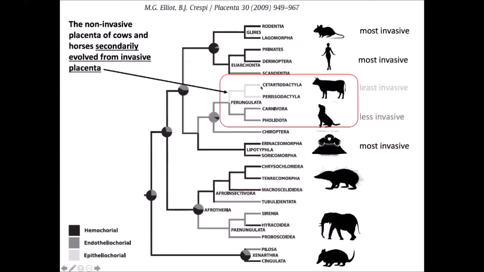It turns out that the non-invasive placentation among placental mammals is actually a thing that evolved much later, secondarily. First we evolved an invasive placentation and then a non-invasive placentation. So the invasive placentation that we see in humans is actually relatively primitive compared to what we see in cows and horses and so on, because they have a derived form of placentation that is special.